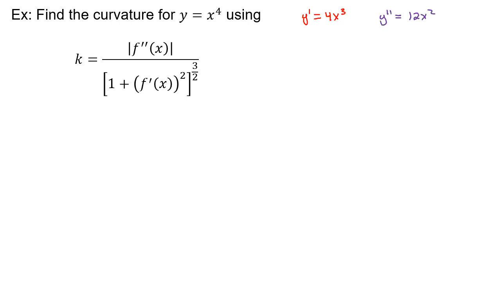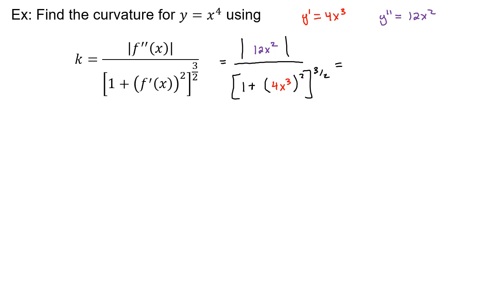is 12x squared. So our curvature here would be using the second derivative on top. So I have the absolute value of the 12x squared divided by, in the bracket, 1 plus, my 1 looks a lot like an L. Let me get that part off. 1 plus the first derivative, which is 4x cubed, all squared, to the 3/2.